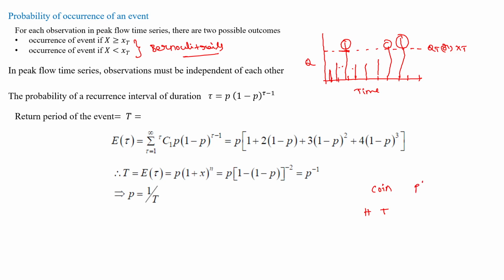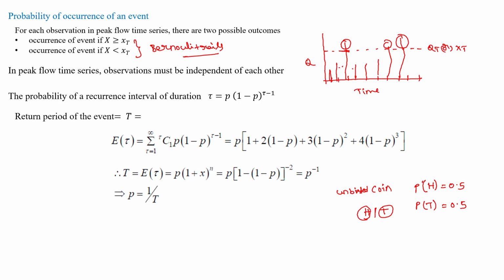What is the probability of observing a head? We know 0.5. What is the probability of observing a tail? 0.5, because this is an unbiased coin.